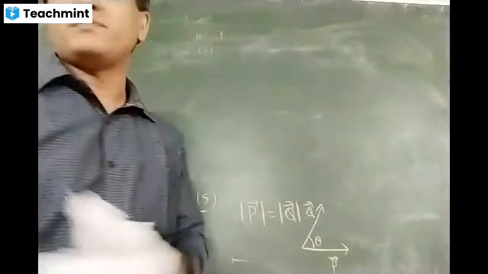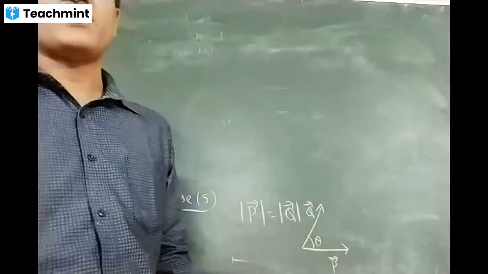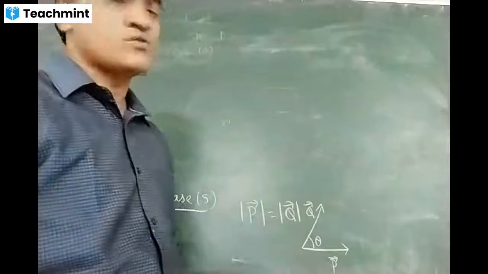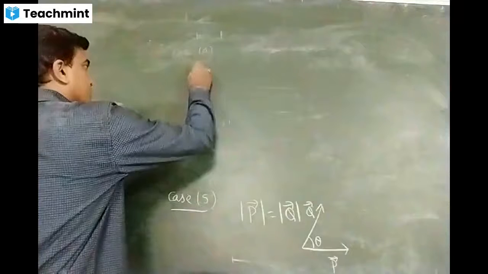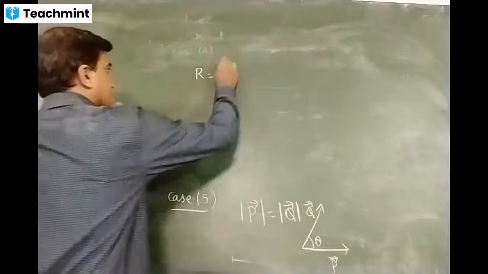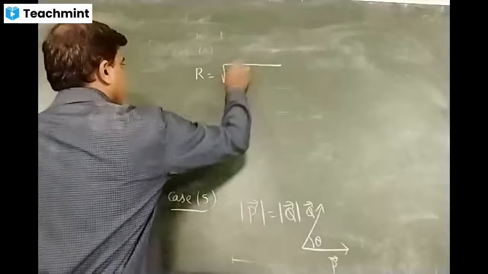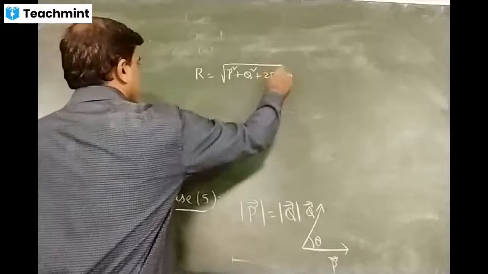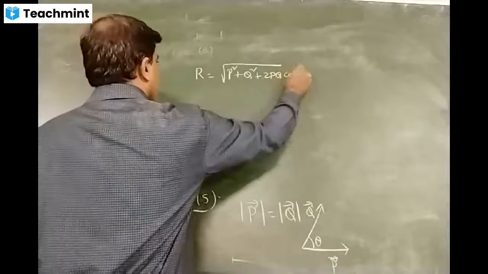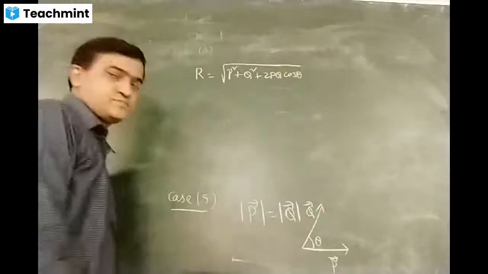Theta is the angle between two vectors P bar and Q bar, and the magnitude of P bar is equal to the magnitude of Q bar. Then what will I get? The value of R is the square root of P square plus Q square plus 2PQ cos theta.